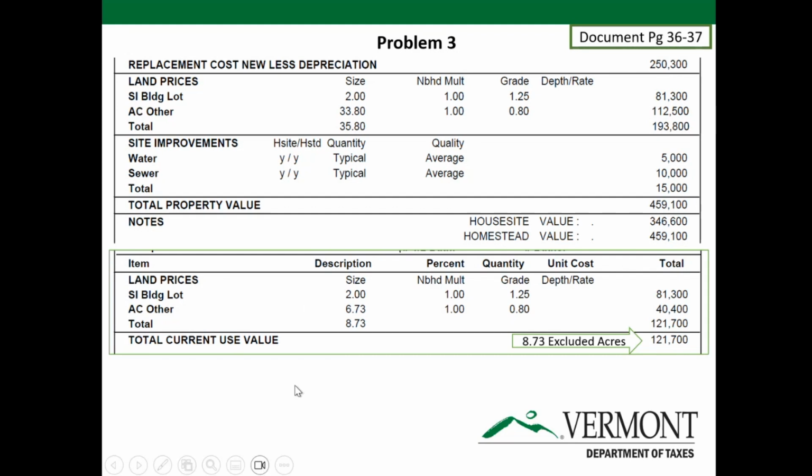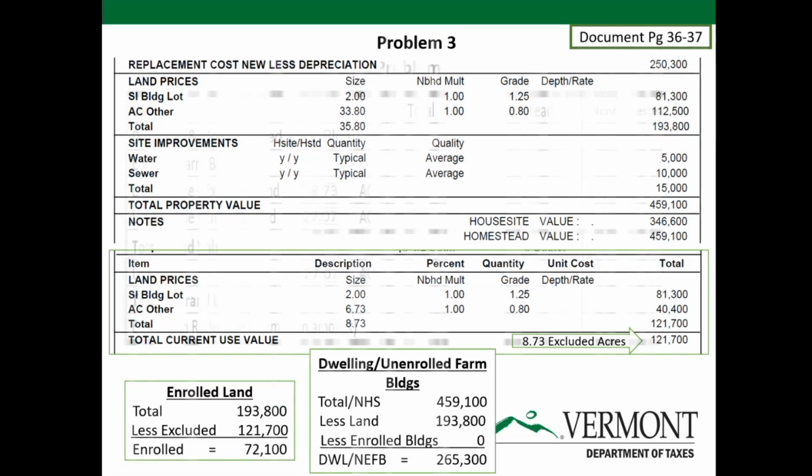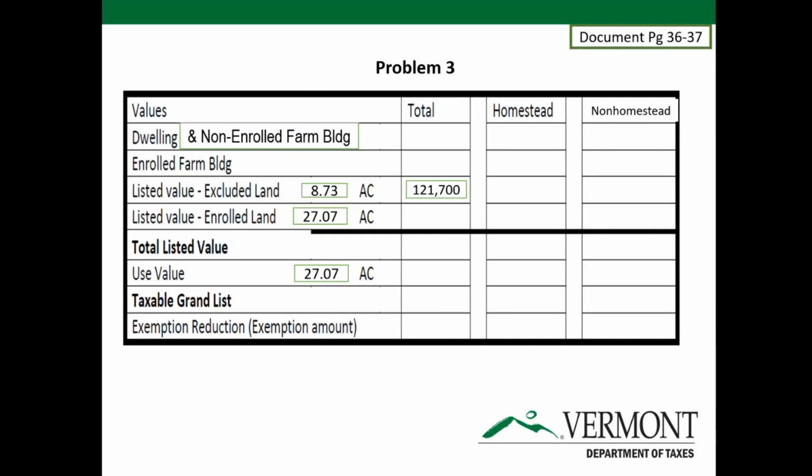If I fast forward here a little bit, we're going to put that number in the grid. In your total column, row 3, your homestead column 3 is going to be empty because again, this is not a homestead parcel yet. Then we'll put that number of 121.7 in your non-homestead column.